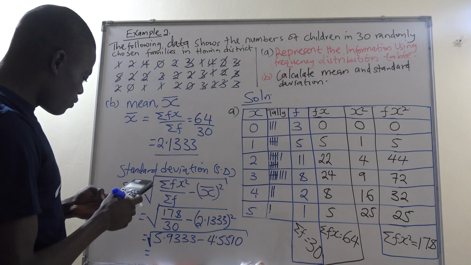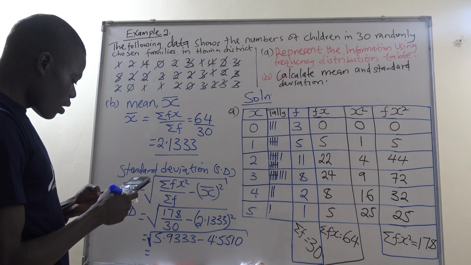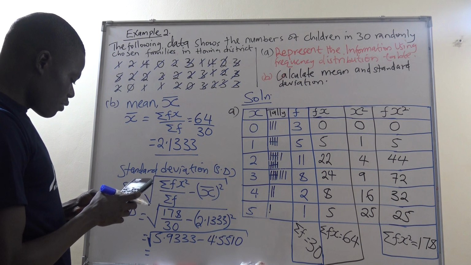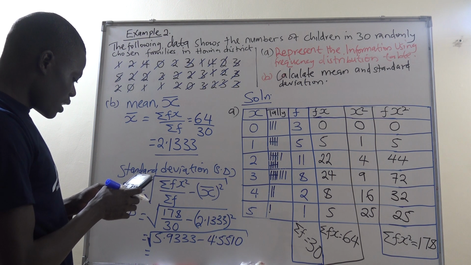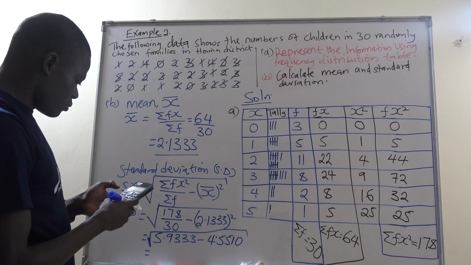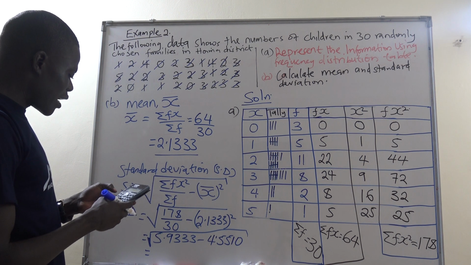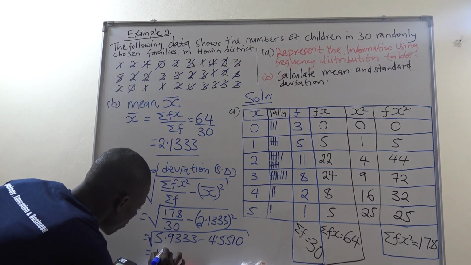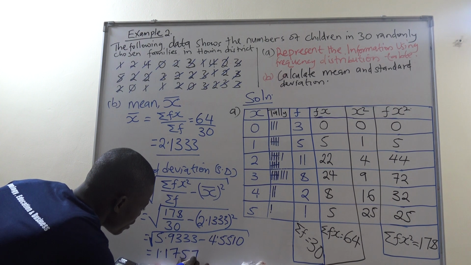If you compute this and then get the square root, we shall get 5.933 minus 4.5510, we get 1.38, and then if you get the square root, it will give us 1.1757.